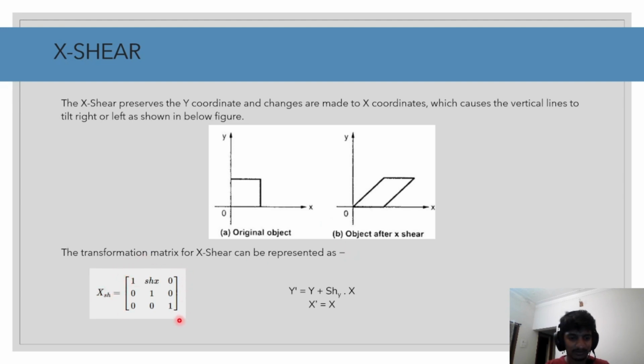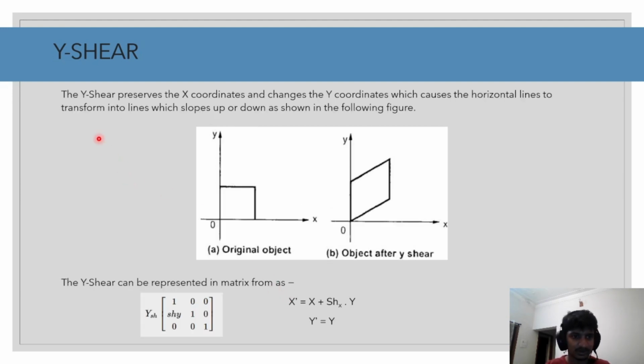This is the matrix of shear for the x axis. As you can see, this 1 shx, this is the shear value for x. So y bar becomes y, and x bar becomes x plus shx into y.